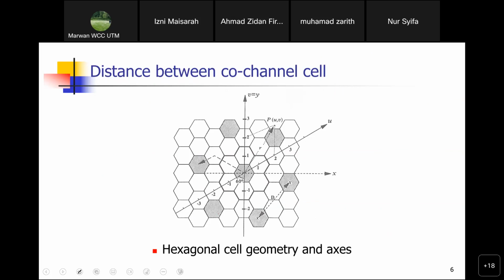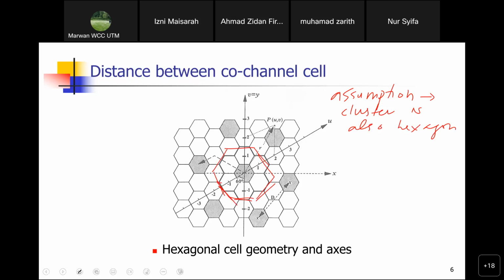Another thing when it comes to co-channel cells: if you remember when we derived the number of clusters n, the assumption that we used is that the cluster is also mainly like a hexagon.